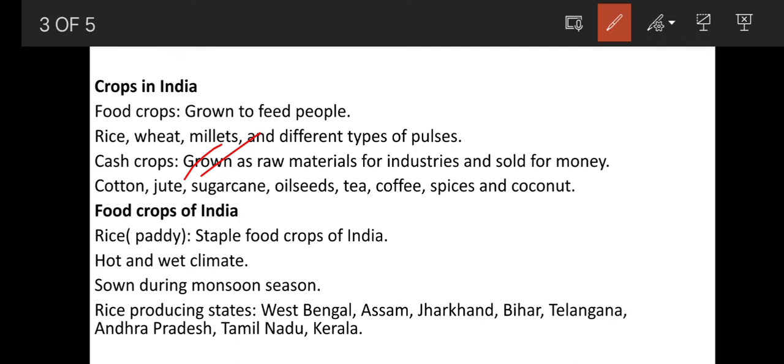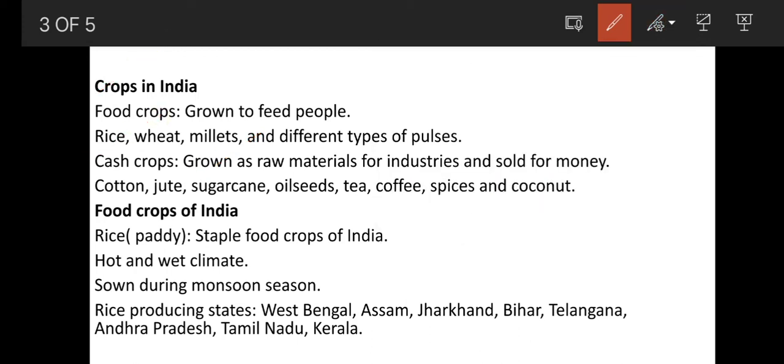It means the crops are taken to the industries, processed, and manufactured into different products, which are made available in the market for selling, that is, they are sold for money. Those types of crops are called cash crops. So I hope you understood the difference between food crops and cash crops.